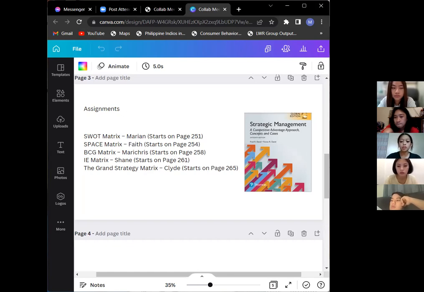So the IE matrix is another strategic management tool used to analyze working conditions and strategic positions of a business. Basically, the IE matrix is based on an analysis of internal and external business factors, which are combined into one suggestive model.